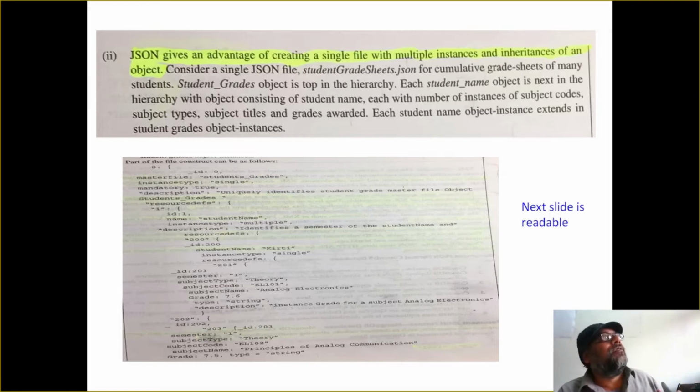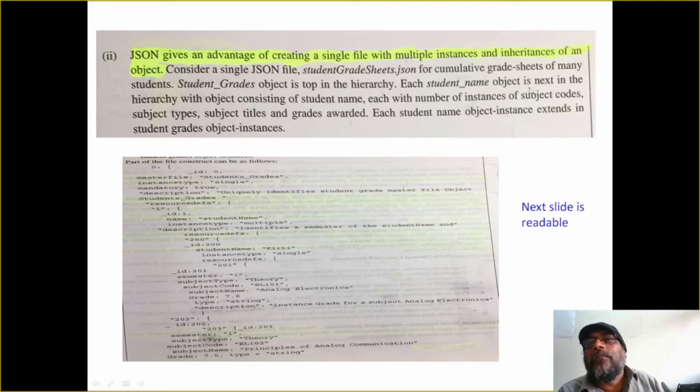So that feature makes something interesting here. JSON gives an advantage of creating a single file with multiple instances and inheritances of an object. Consider a single object JSON file, student grade sheet JSON, for a cumulative grade sheet of many students. The student grade object is top in the hierarchy.